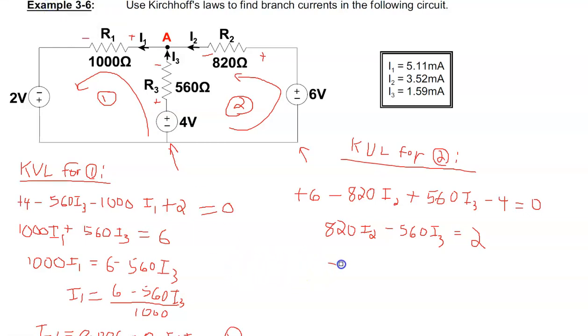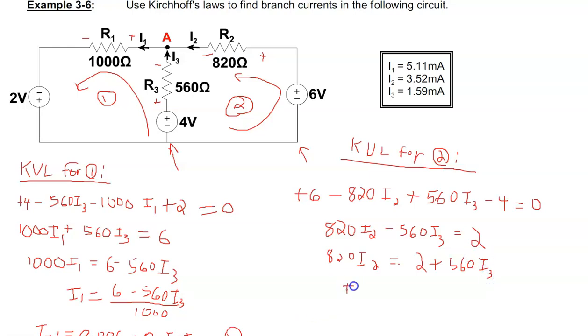I'm going to start off with my 820 I2 is equal to 2 plus 560 times I3.